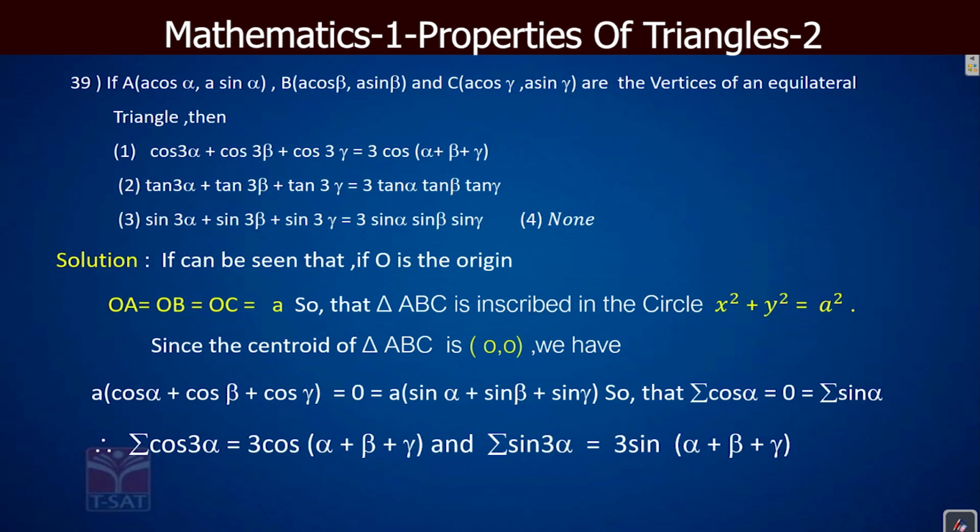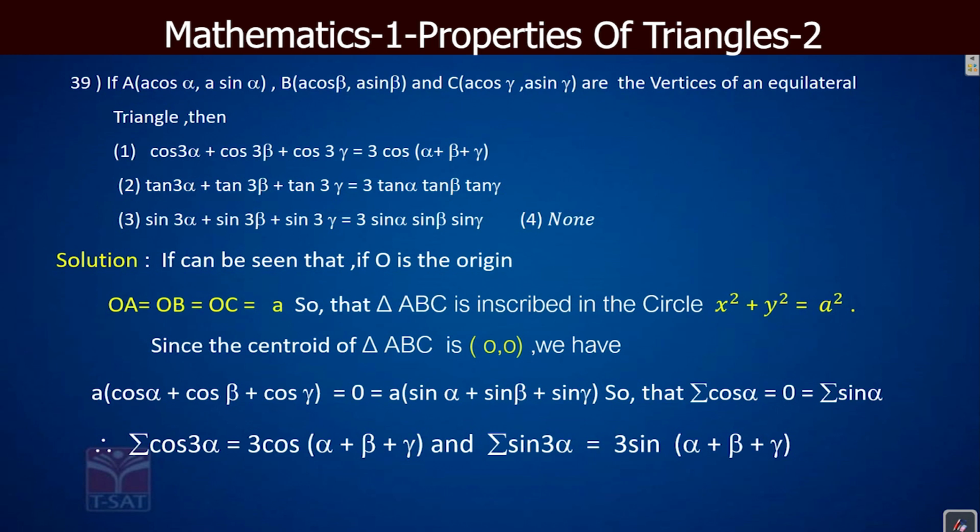From this, sigma cos 3 alpha is 3 into cos of alpha plus beta plus gamma, and sigma sin 3 alpha is 3 into sin of alpha plus beta plus gamma. Of course, it's a standard problem, an application of de Moivre's theorem, that everybody knows.